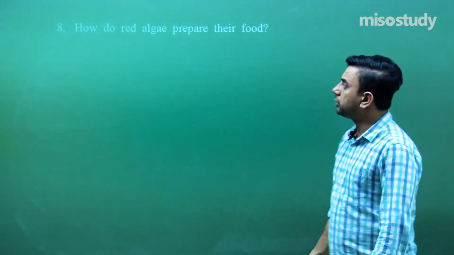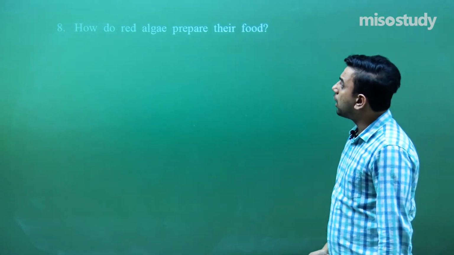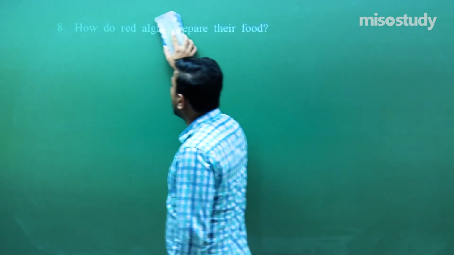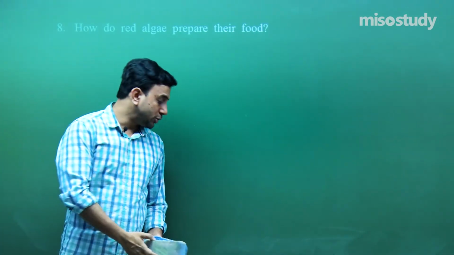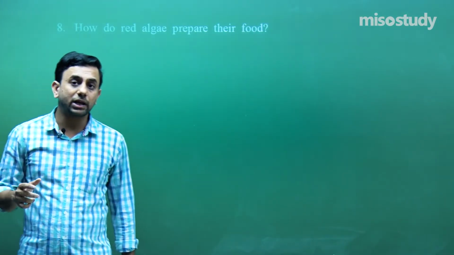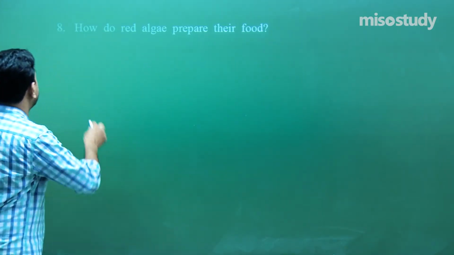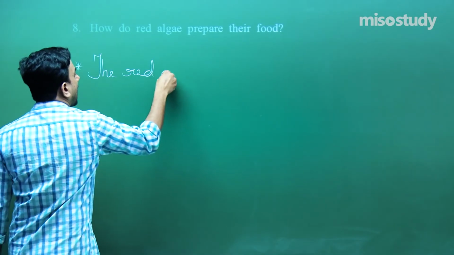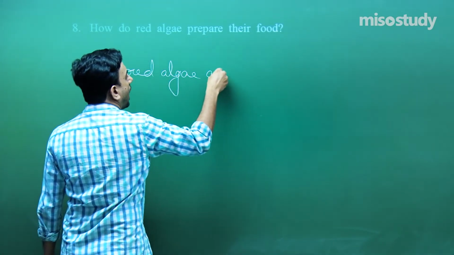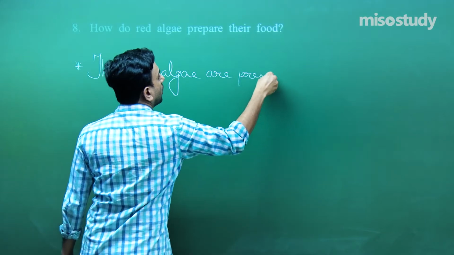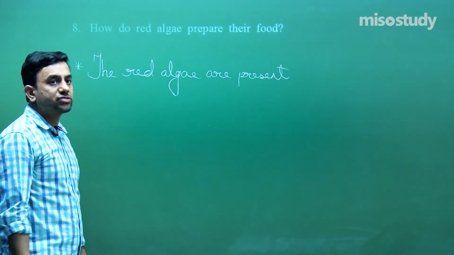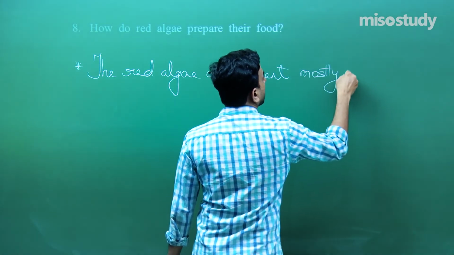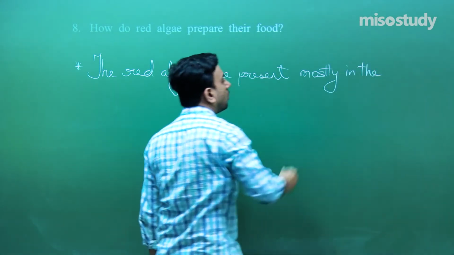Now, we will talk about the next question: how do red algae prepare their food? The red algae are present mostly in the oceans.